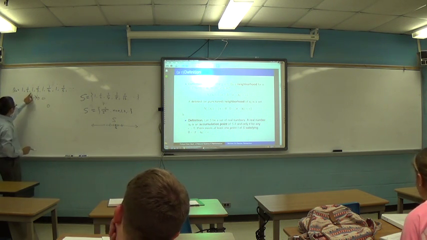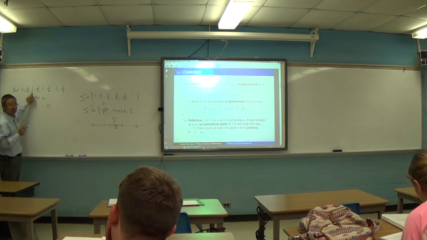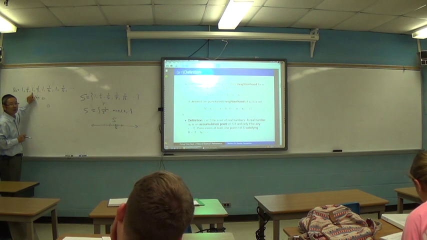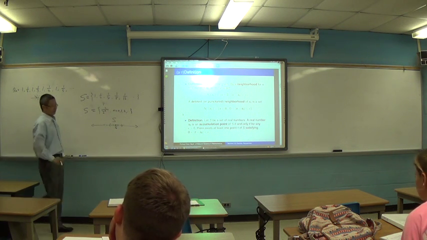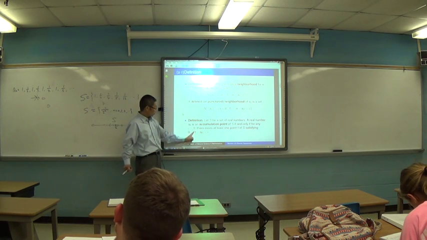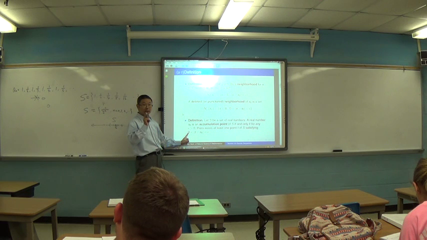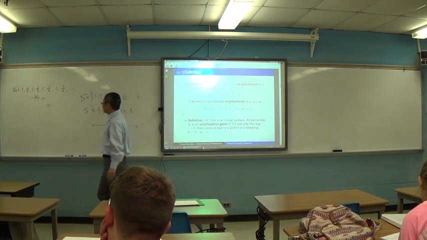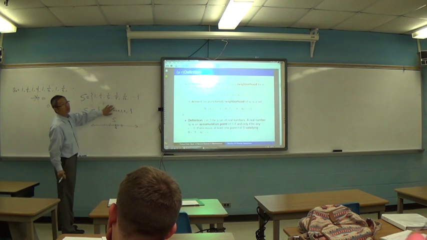Now, is 1 another accumulation point? No. Very good. The reason is this deleted neighborhood that's greater than 0. If 1 is an accumulation point, then 1 minus 1 is 0. It's not, right?